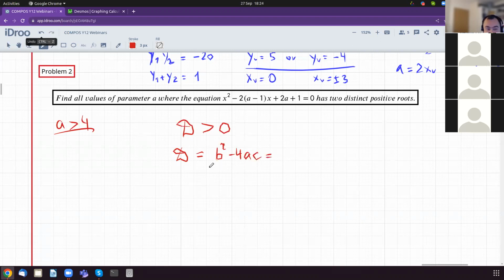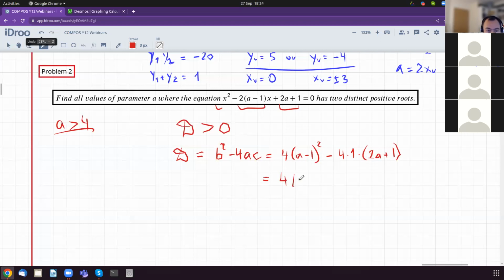That's the bit of the quadratic formula you must be very well familiar with. And that's going to be 4a minus 1 squared, so the square of this bit, minus 4 times 1 times 2a plus 1, which is c. Yes, this is c and a is 1. We simplify that.